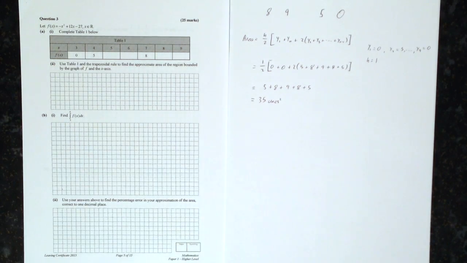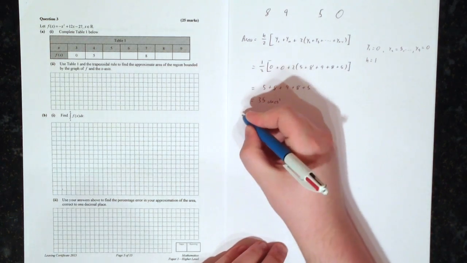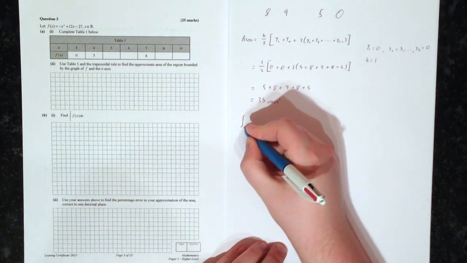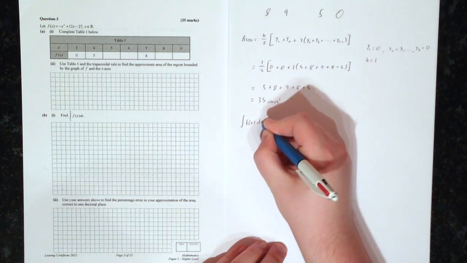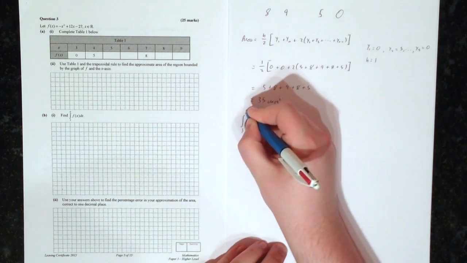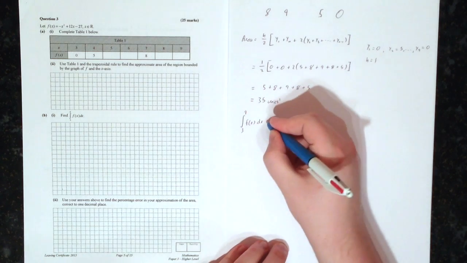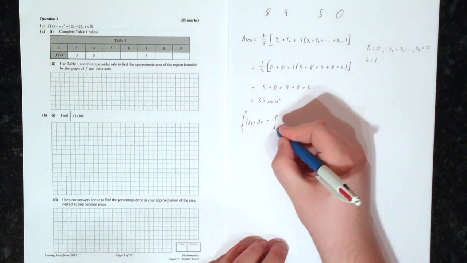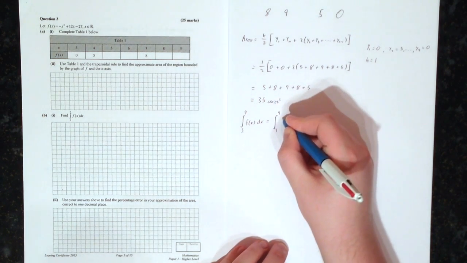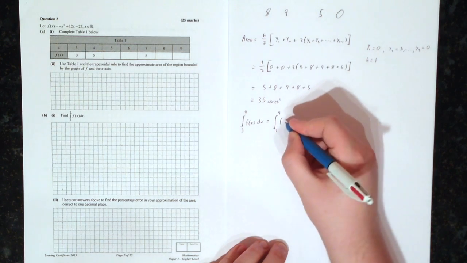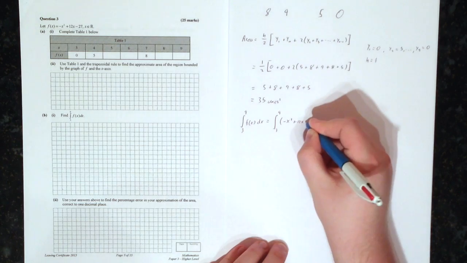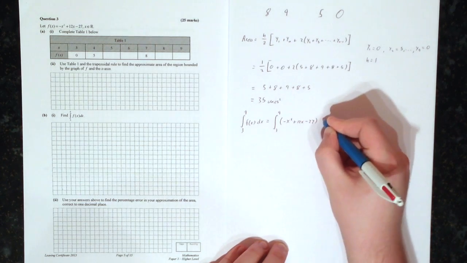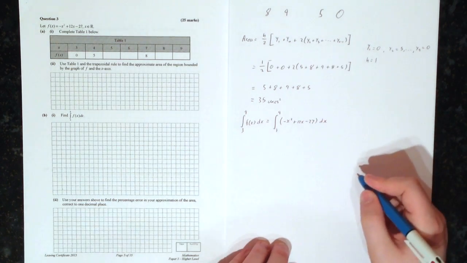Next, we're asked to find the area under the curve by integration. So we're asked to integrate f of x with respect to x from 3 to 9. So that's going to be equal to the integral from 3 to 9 of minus x squared plus 12x minus 27 with respect to x.